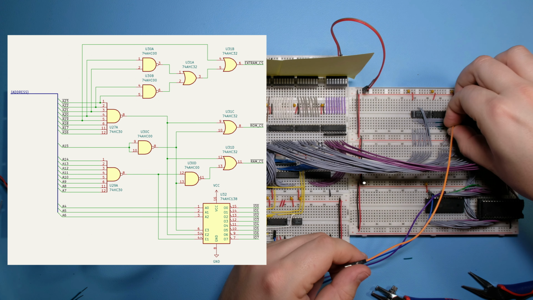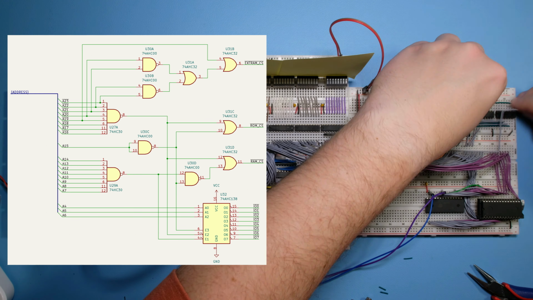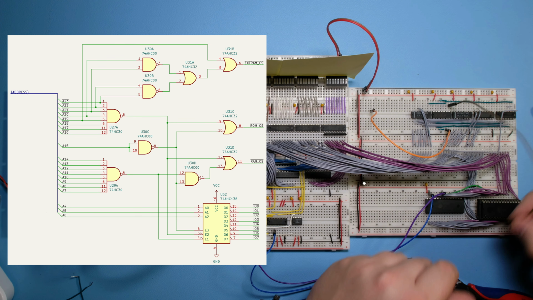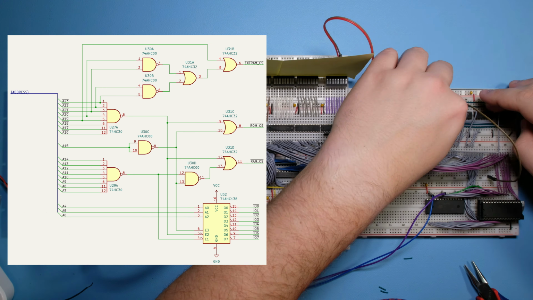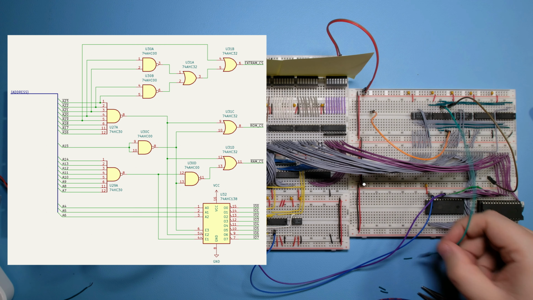So this one is going to be the external RAM. This is going to be the chip select for the RAM. This one is going to be the chip select for the RAM.